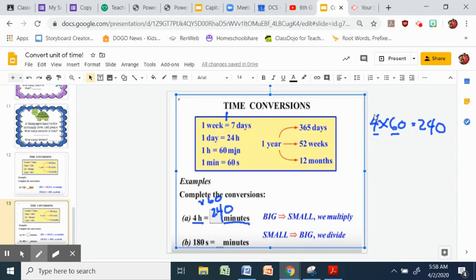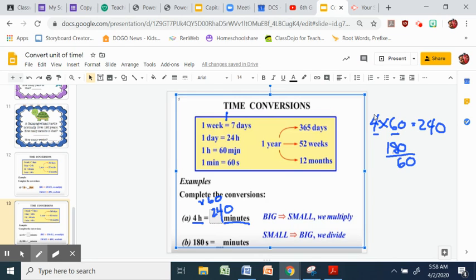Now, the next example is 180 seconds into minutes. Seconds is a smaller unit compared to minutes, so I'm going to divide. My relationship between a minute and a second is 1 minute is equivalent to 60 seconds. So 180 divided by 60.